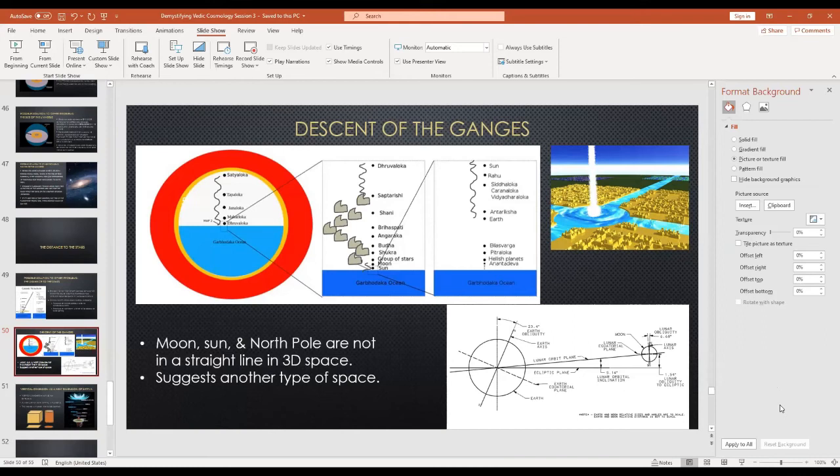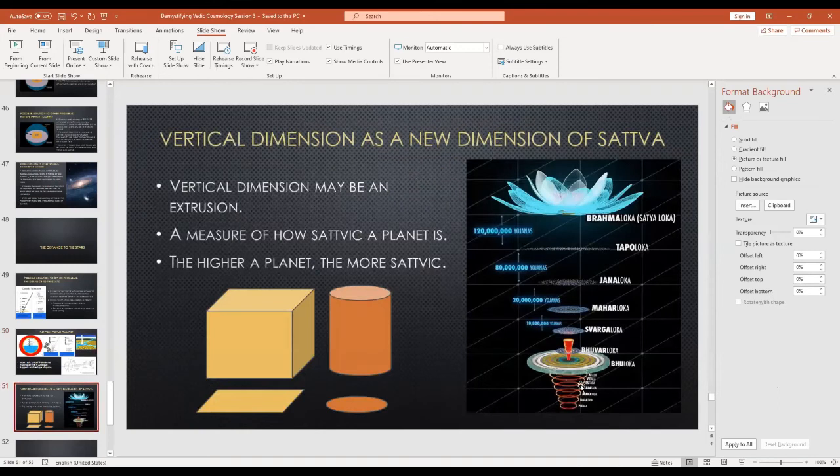Well, according to Jyotish, they say that these lower lokas are within the earth, that they are chasms within the earth.